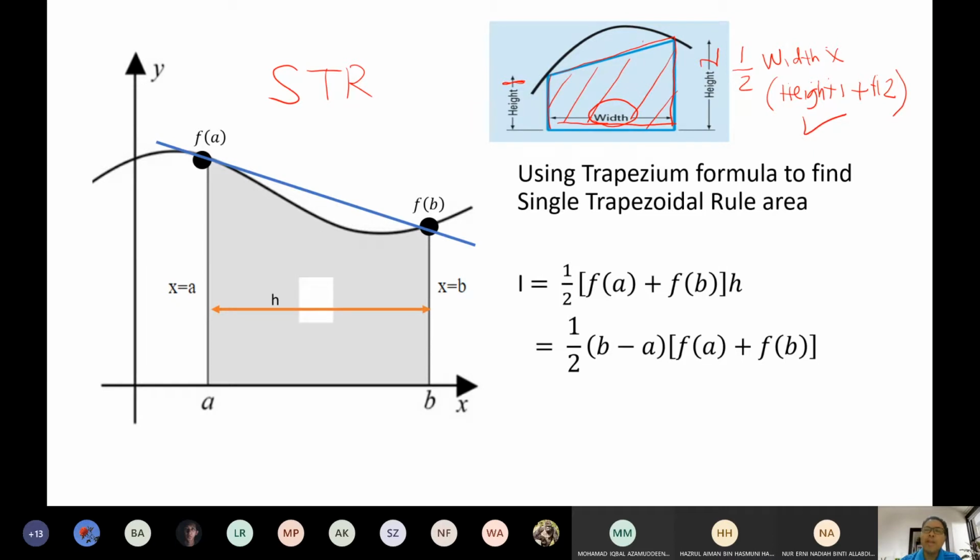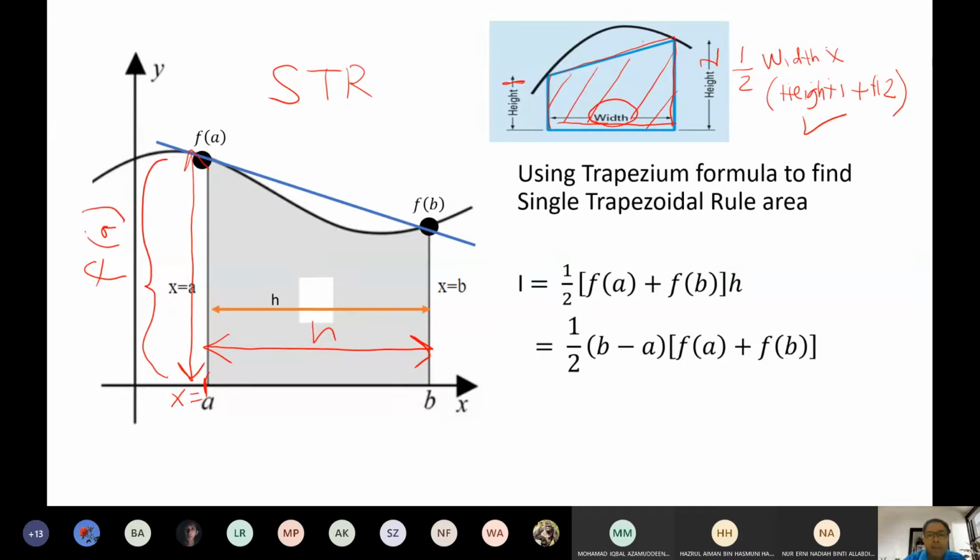Therefore, I will apply this formula to the single trapezoidal rule diagram. This is the width of the trapezoid. This is the height of the left side of your trapezium, and you know that this is x equal to a. Therefore, your height here will be f(a).